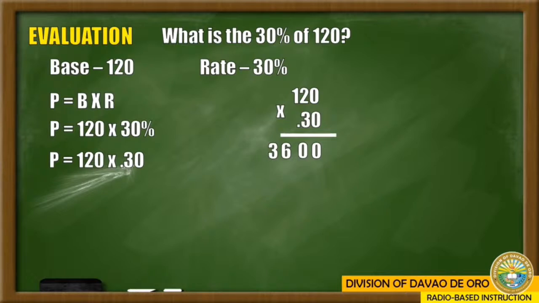So we will move the decimal point from the right to the left 2 places. So it will happen like that. And our decimal point will be put at the middle of 6 and 0. So the value of percentage is equal to 36. Good job.